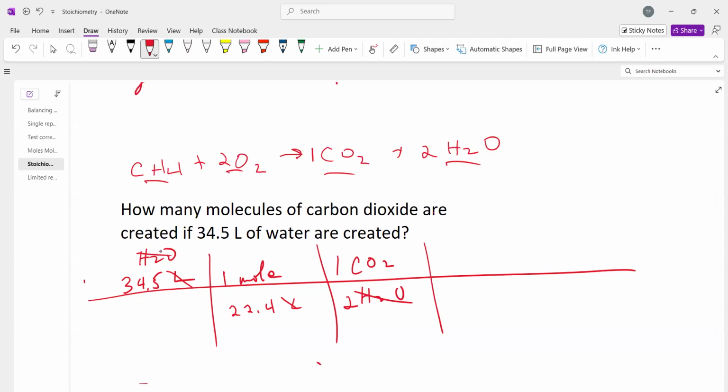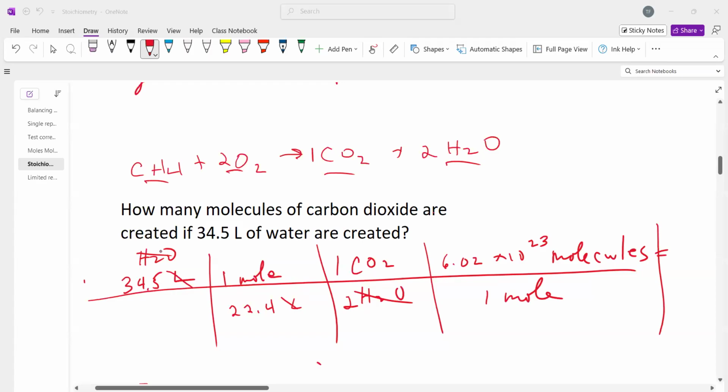And now we have moles of carbon dioxide. Then we need to get the moles to number of molecules. That's Avogadro. Okay, so we have three sig figs.